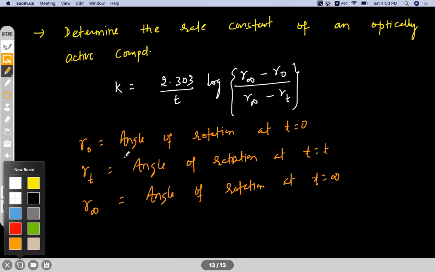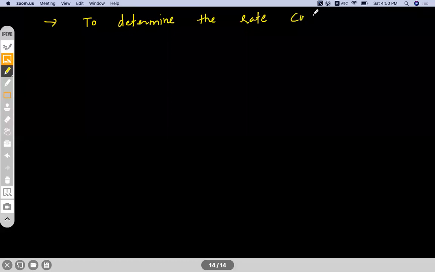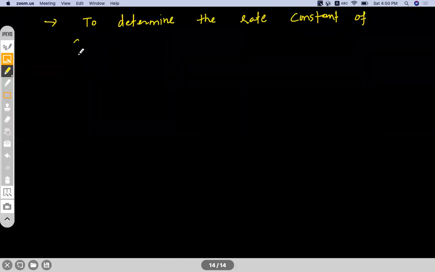Okay, the last one in this type is the most important one, and that is to determine the rate constant of a gaseous phase reaction.